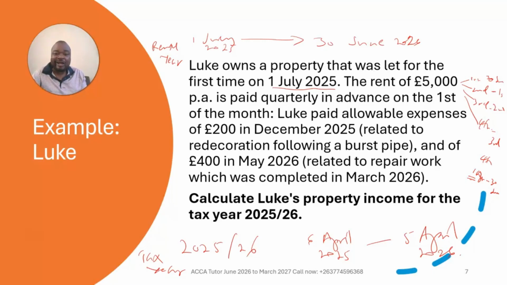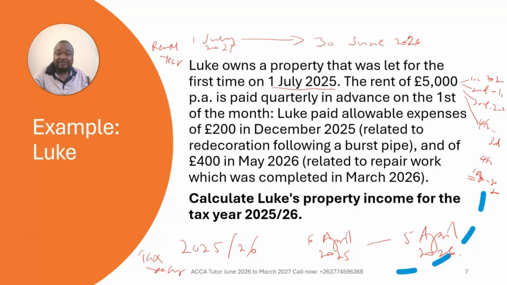But because it is the cash basis, we are going to tax that money that has been received, despite the fact that the period to which it relates is a future period. Because we have received it within the tax year 2025, 2026, we are going to tax it.